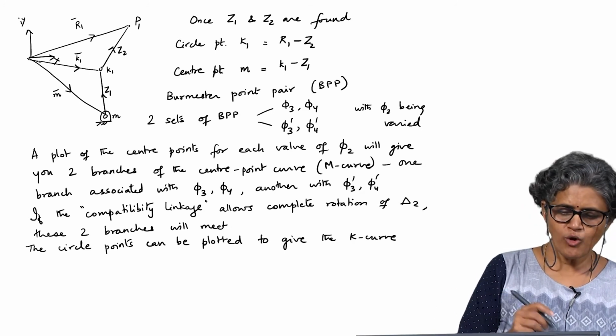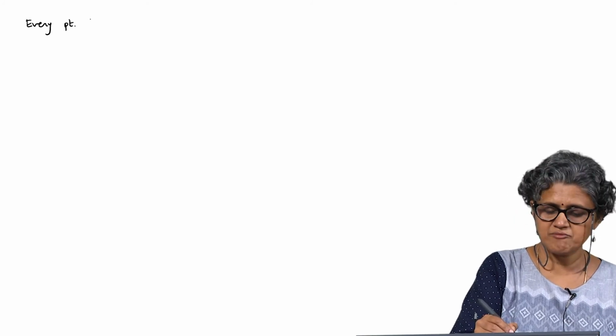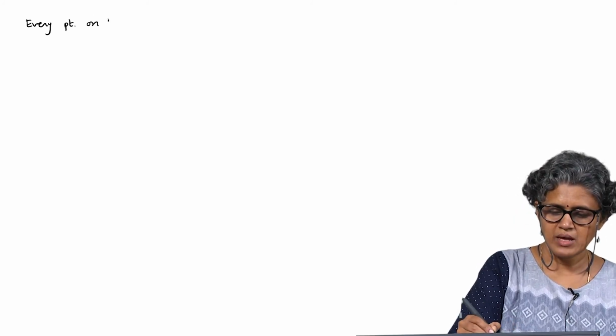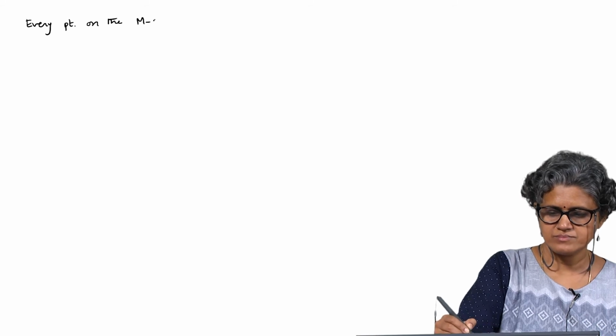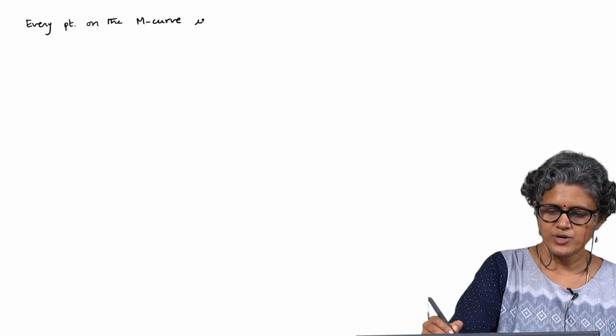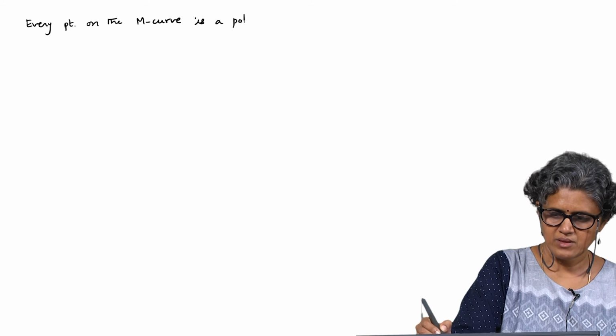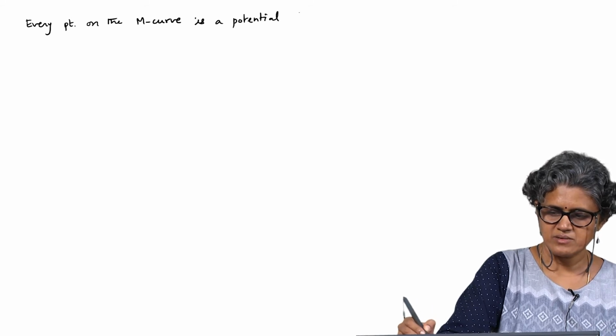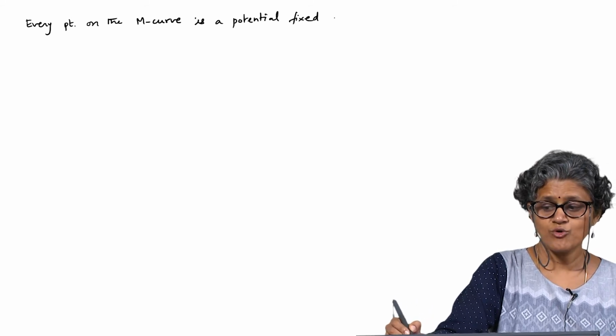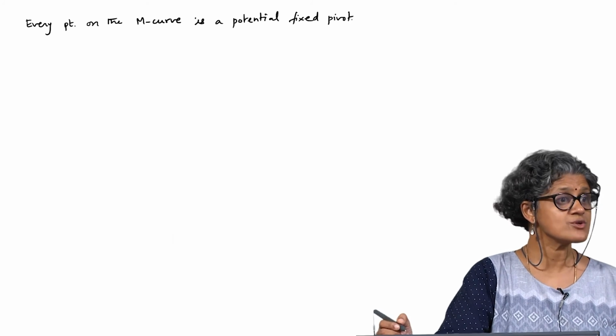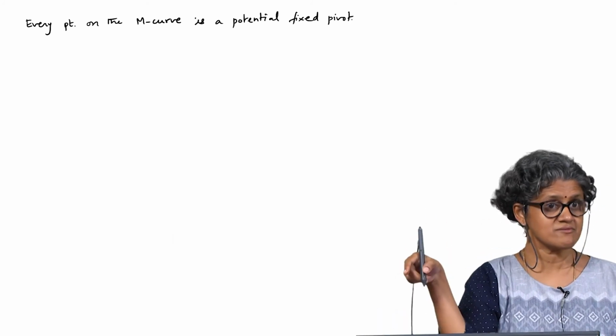So, every point on the center curve or the M curve is a potential fixed pivot, right. Therefore, now you have an infinity of solutions as long as it lies on that curve.